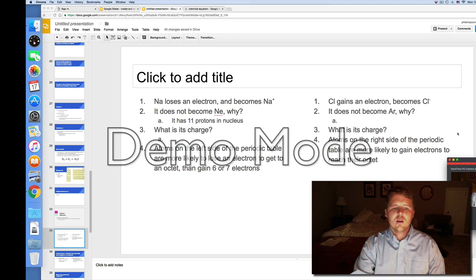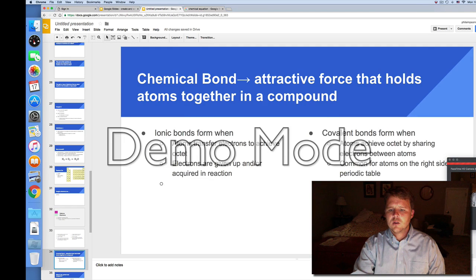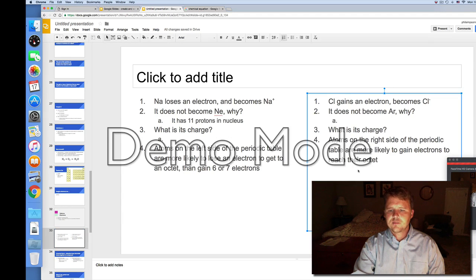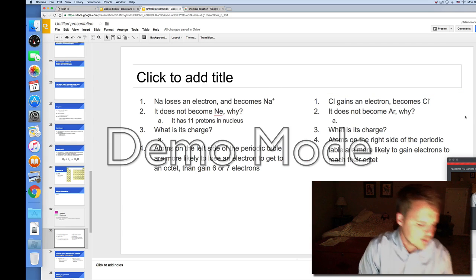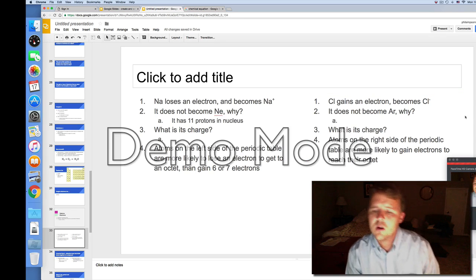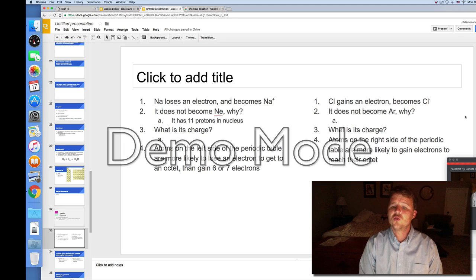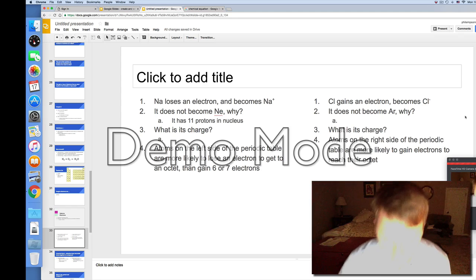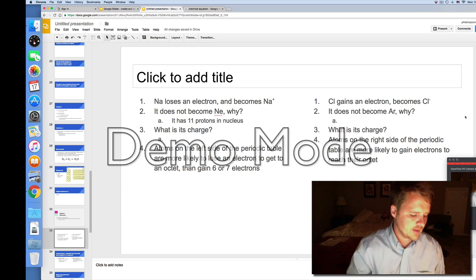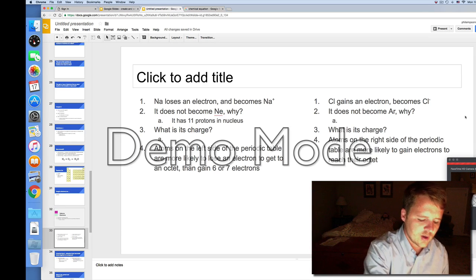Okay, we're back. Chlorine is on the right side of the periodic table. Chlorine gains an electron to finish up its octet. How do you know that it needs 1?